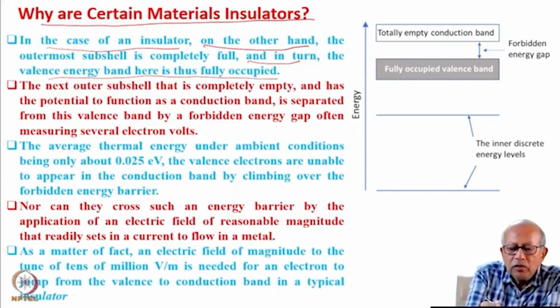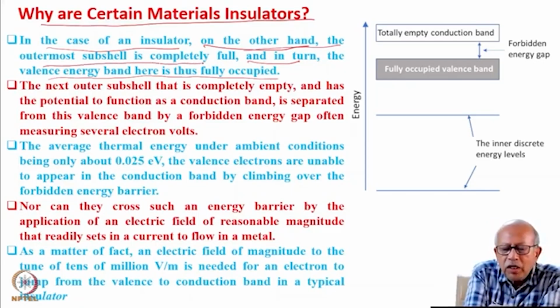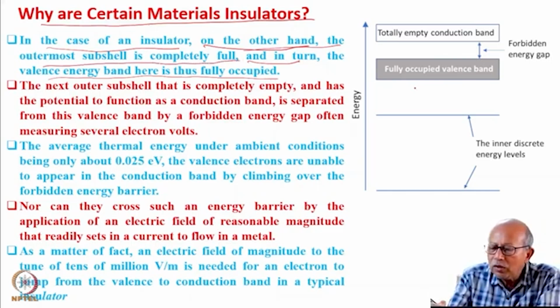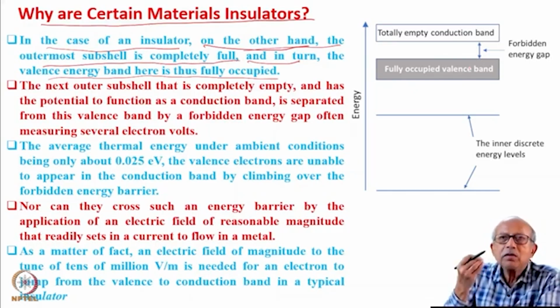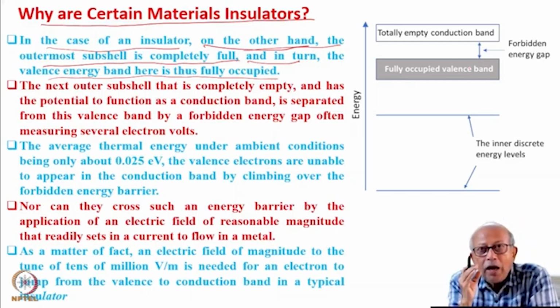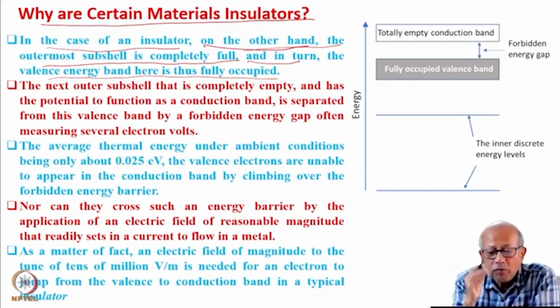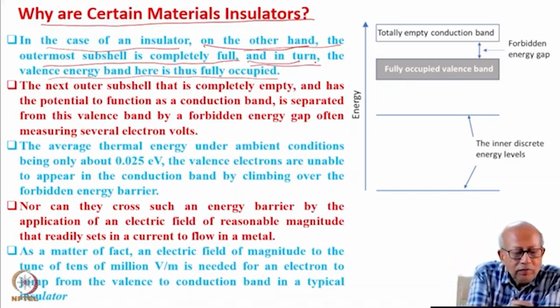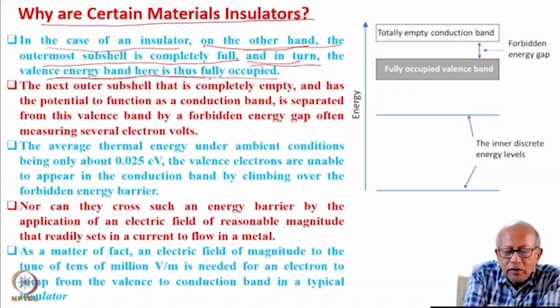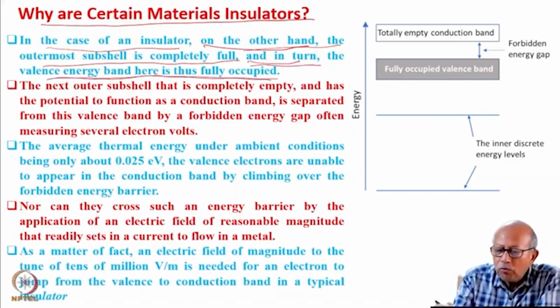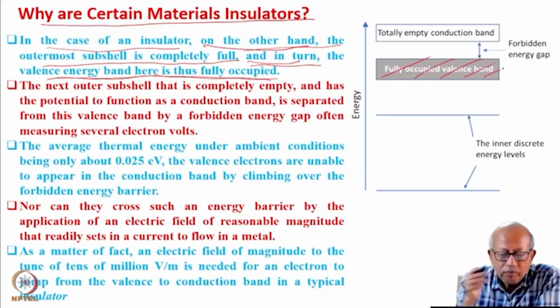So in the case of an insulator, the outermost shell is completely full, as you can see here, and as we just showed, in case sodium had an atomic number of 12. In turn, the valence energy band here is completely occupied.